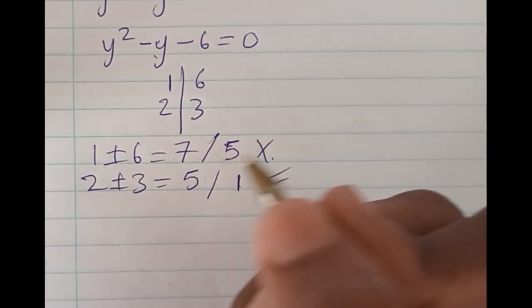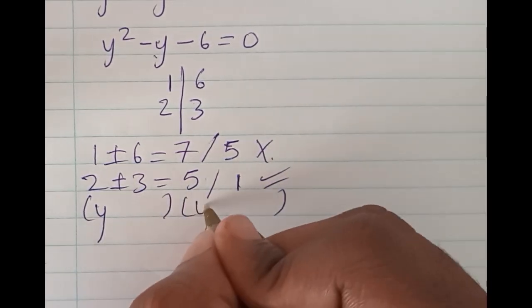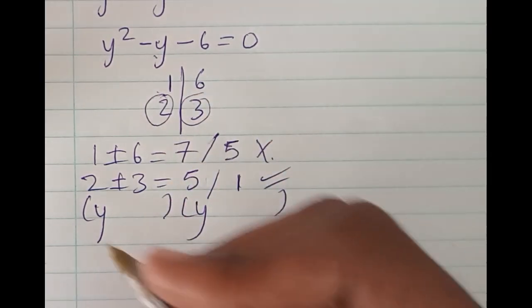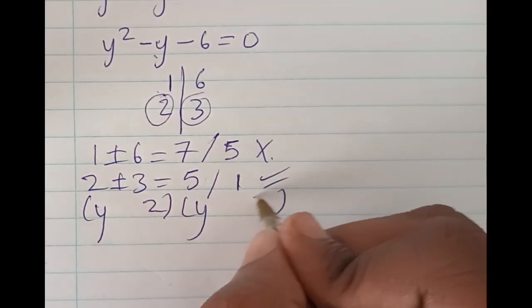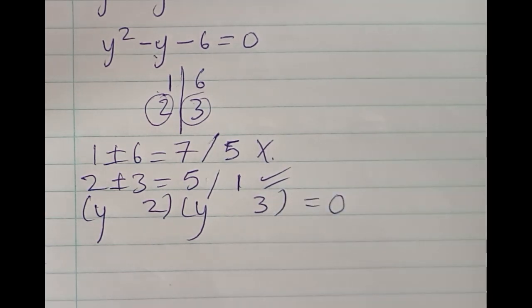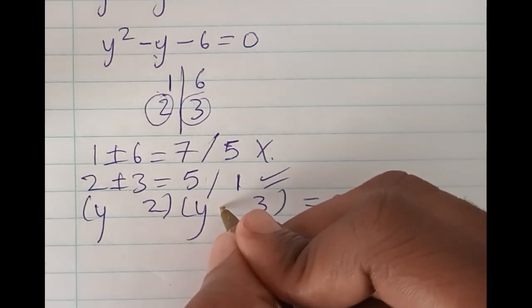So I'll open 2 brackets like this and say y. Then remember, I have 2 and 3. So I'll say 2, 3, is equals to 0. So I said the bigger number takes the sign of the middle term. And if you can check, our middle term there is negative. You see? So which means 3 will have a negative sign.